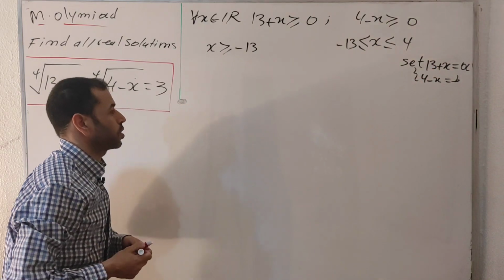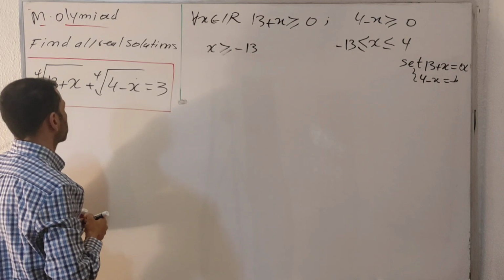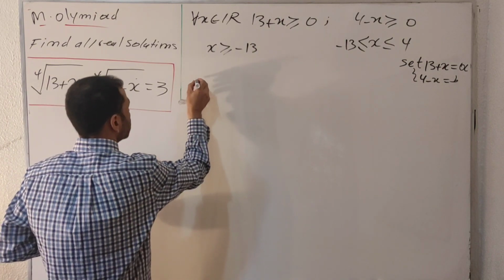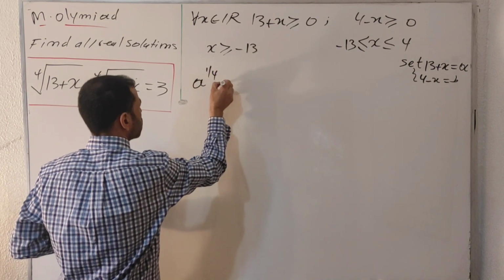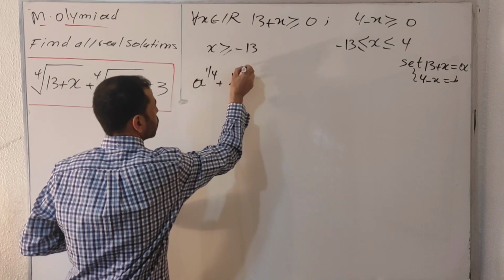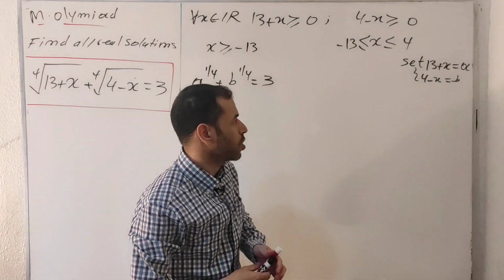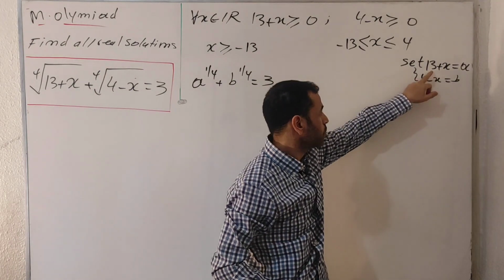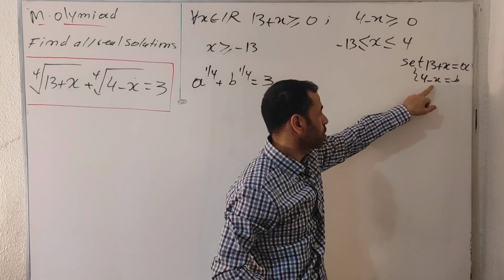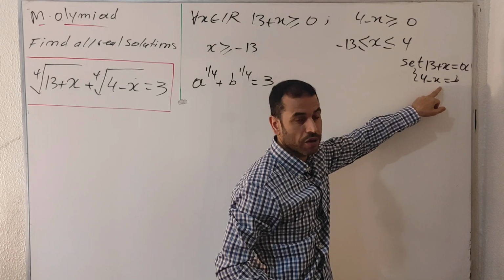I'm going to replace these values into this equation to see what it gives us. I will get a to the 1 over 4 plus b to the 1 over 4 equals 3. Then I'm going to find the relationship between a and b. I'm simply going to add the first equation to the second equation to eliminate x.